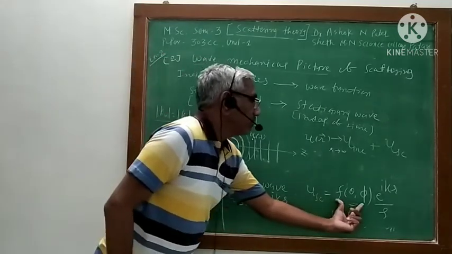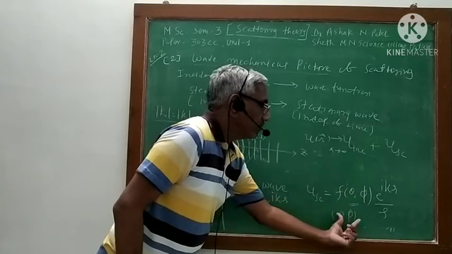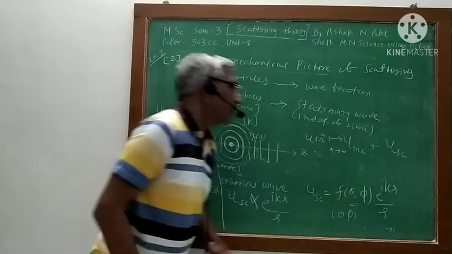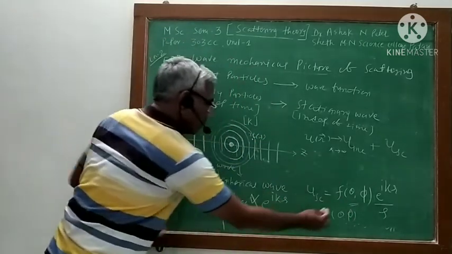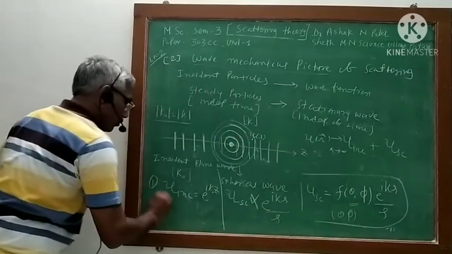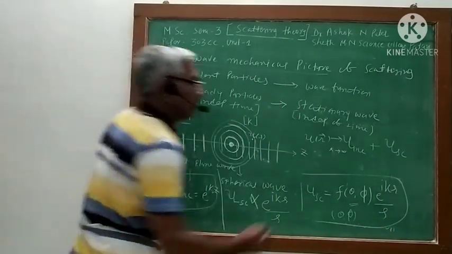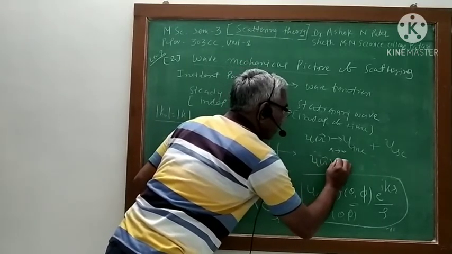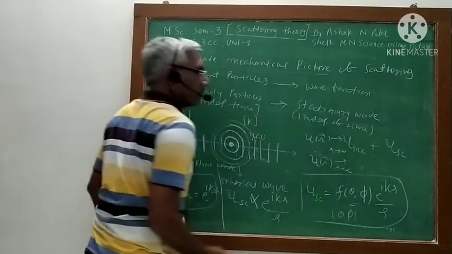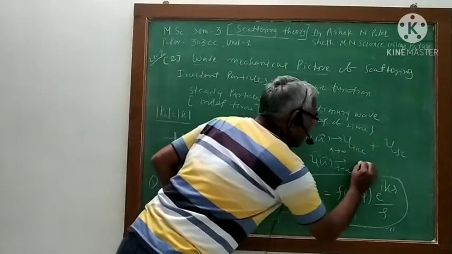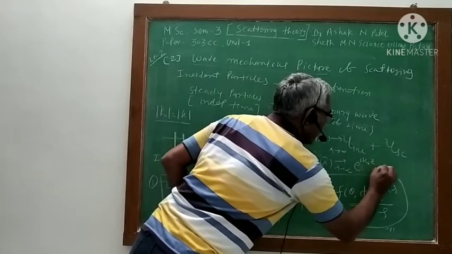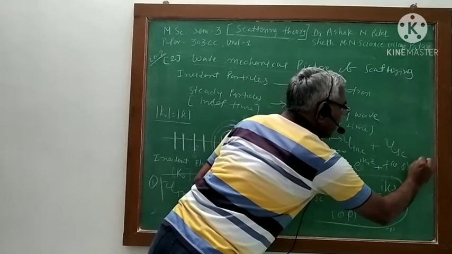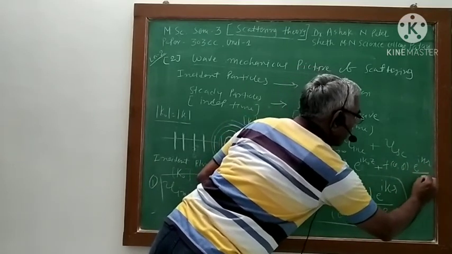Because this proportionality constant f depends on theta and phi, using u scattered and u incident you can write u(r), as r tends to infinity, equal to e^(i k0 z) plus f(theta, phi) into e^(ikr) upon r.